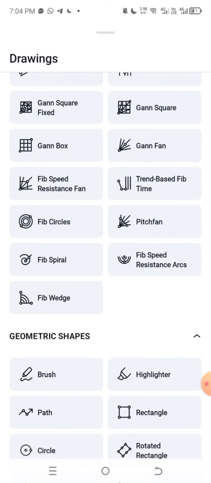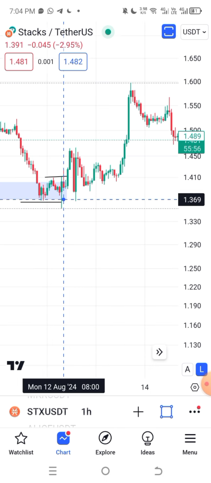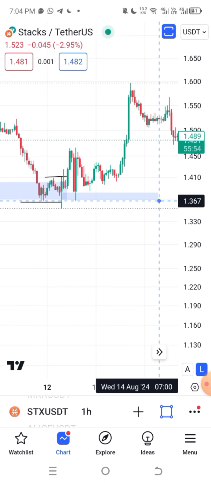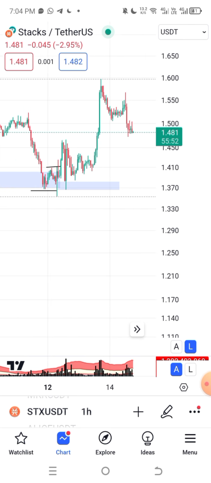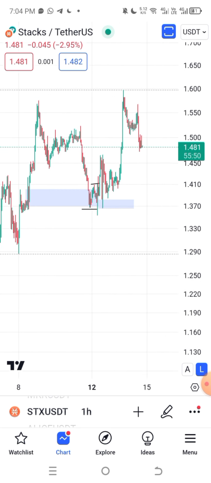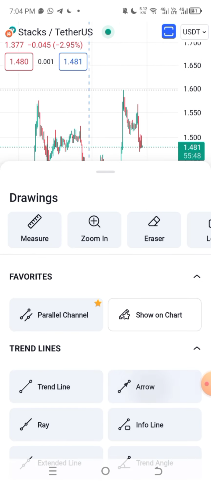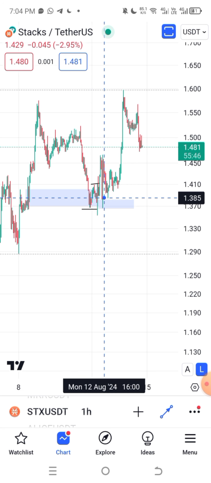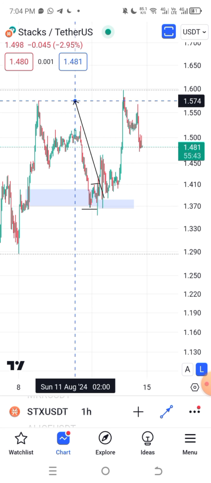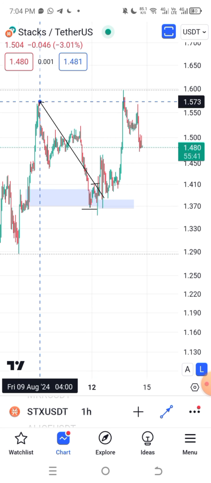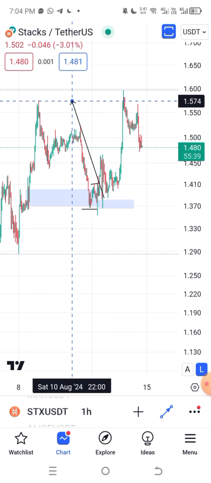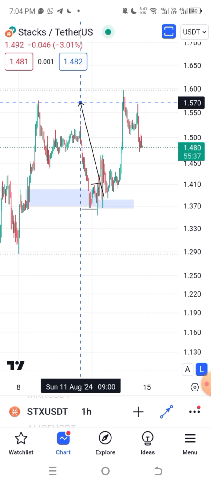Price came back to retest this level. Came back to retest that level. And then started flying from here towards take profit at this extreme high. And this was where I took my profit from.